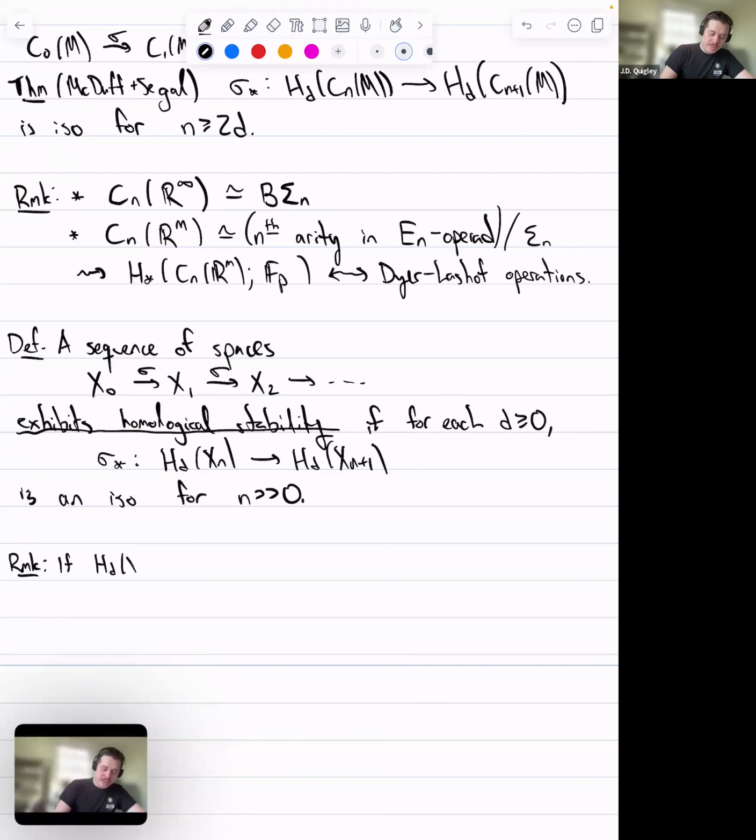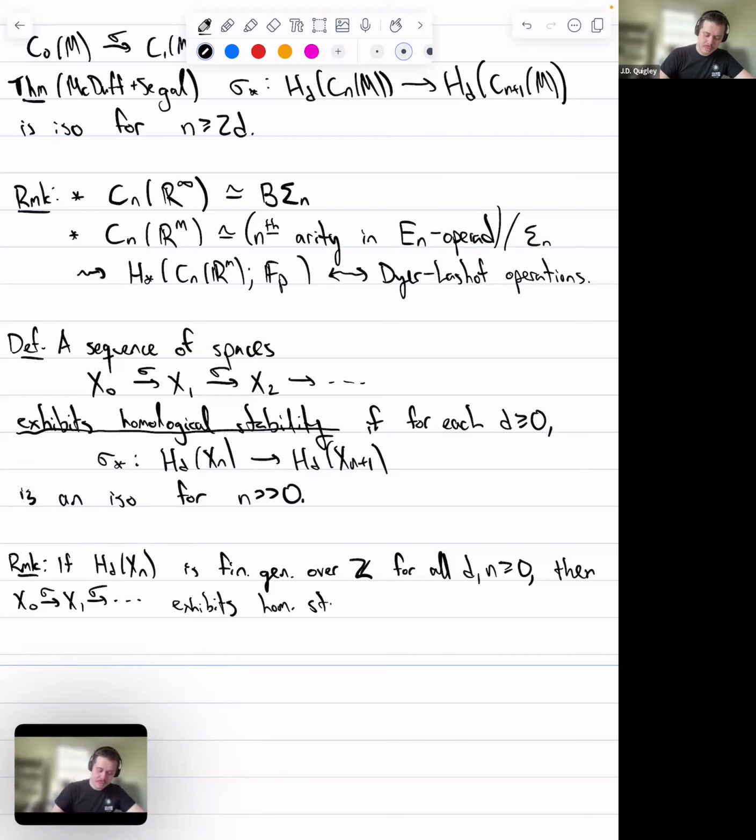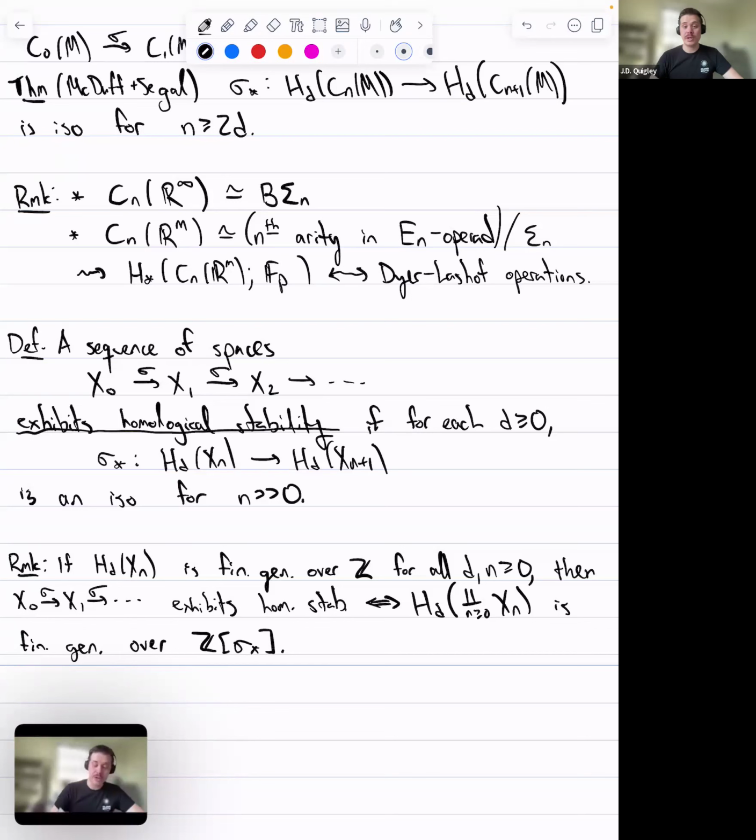If the homology of each space, so H_d of X_n, is finitely generated as an abelian group, so I'll say over Z, for all d and n greater than or equal to 0, then the sequence X0, X1 exhibits homological stability if and only if, when I look at the homology of the disjoint union of all of these spaces, this is finitely generated over the ring Z adjoin a single polynomial generator, sigma star.